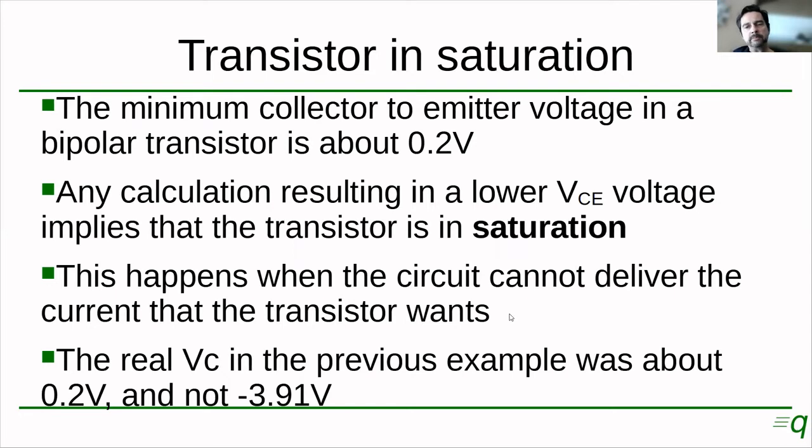So in the previous example, the voltage in the collector was really not negative 3.91 volts, but it was actually 0.2 volts or something close to that, which is the transistor's collector to emitter saturation voltage, okay?